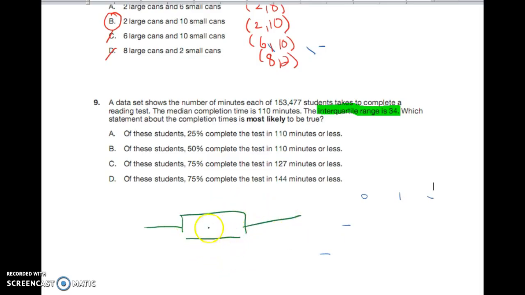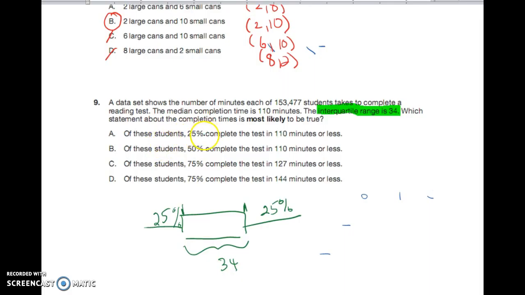Okay, so the interquartile range tells me that whatever number we have here and whatever number we have here is 34. Box and whisker plots, remember, 25% is on each whisker, and then 50% is in the box.